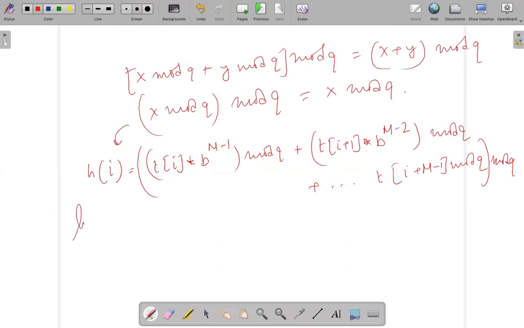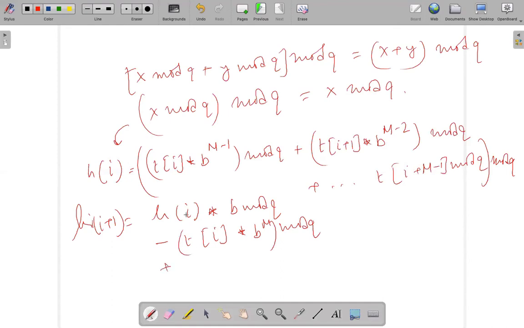Okay. Similarly, h i plus 1 is h i into b mod q, minus t i into b to the m mod q, plus t i plus m mod q, mod q.